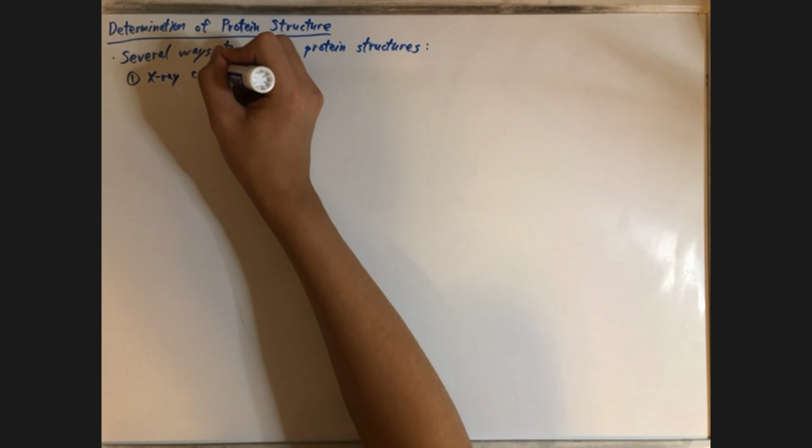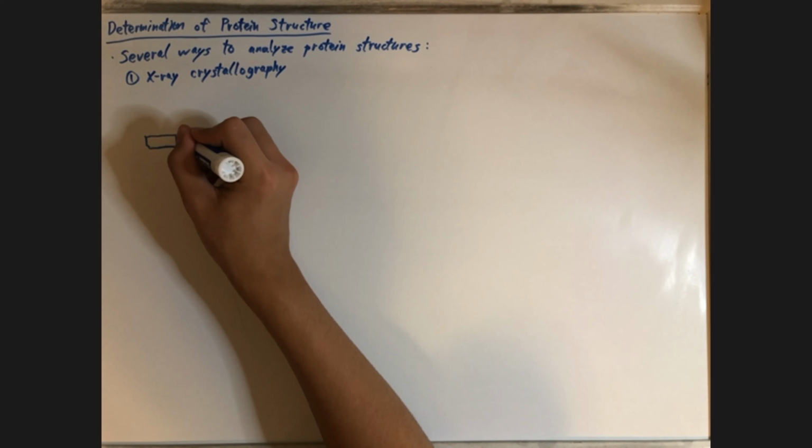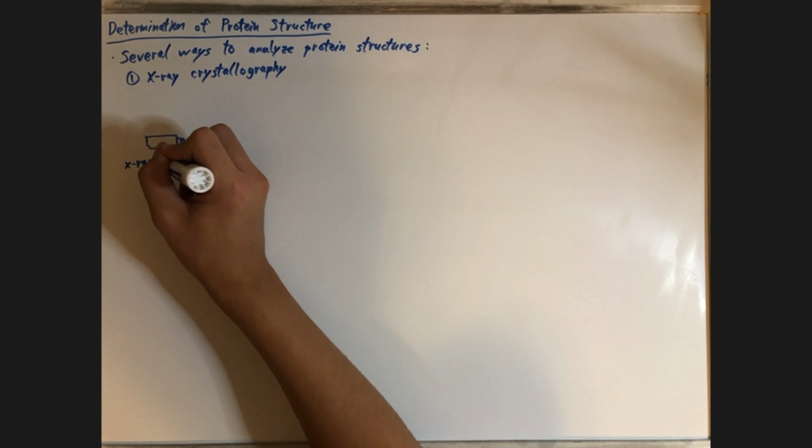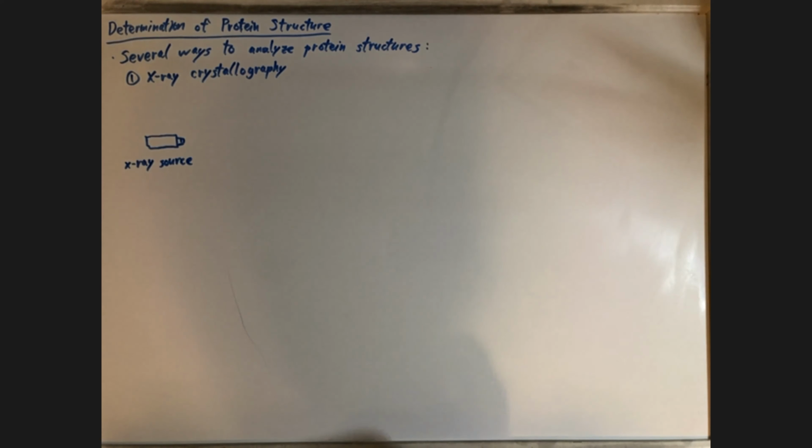The first that we'll talk about is X-ray crystallography. With X-ray crystallography, you have some kind of X-ray source, a protein crystal, and a detector.